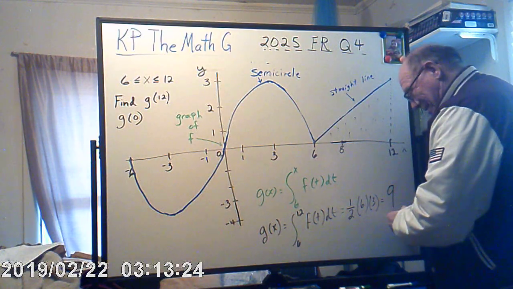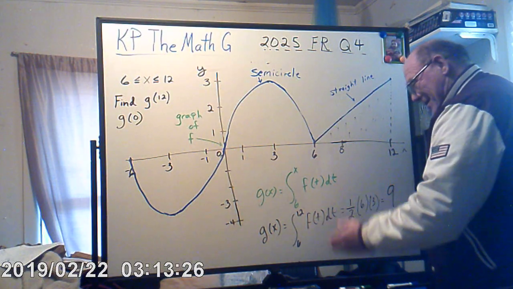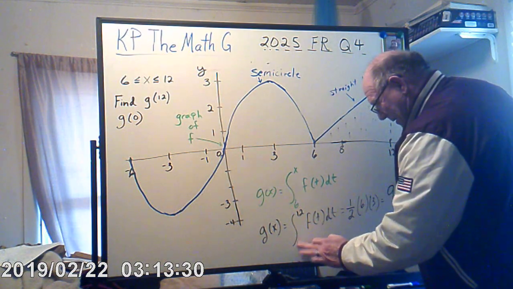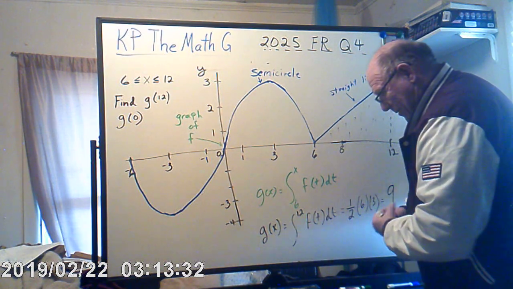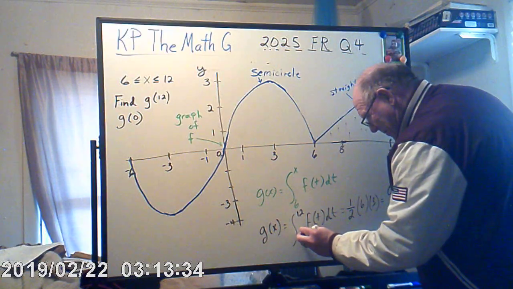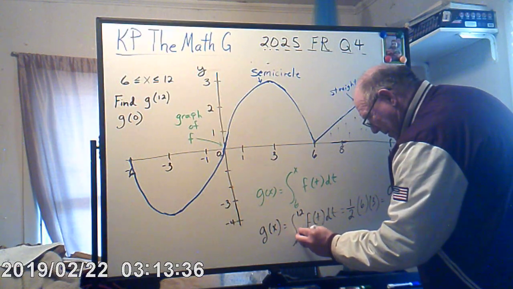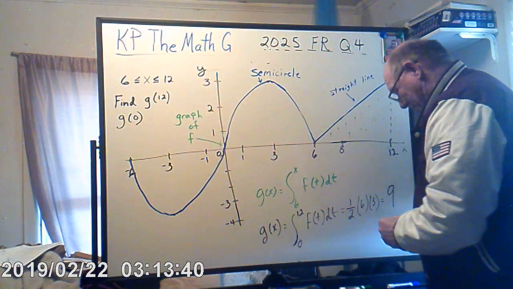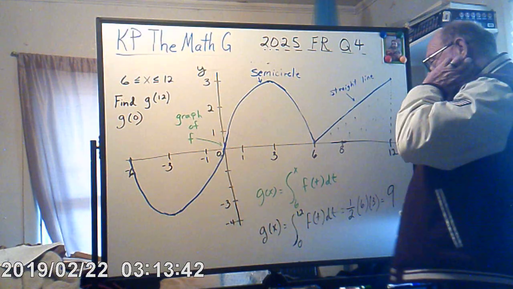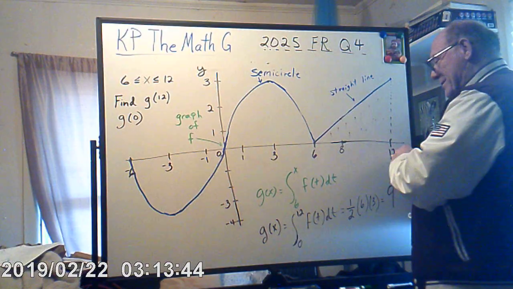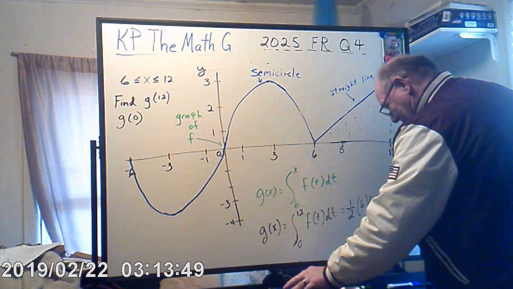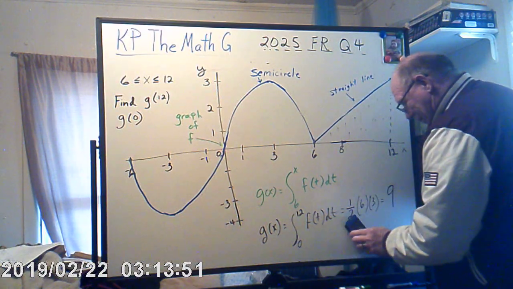Now that's it. That's all you've got to do with this, from 6 to 12. I'm just going to go ahead and show you: what if this had been a 0 down here instead of a 6? You would have still gone from 0 to 12. Let's do that because this lesson's kind of short anyway.